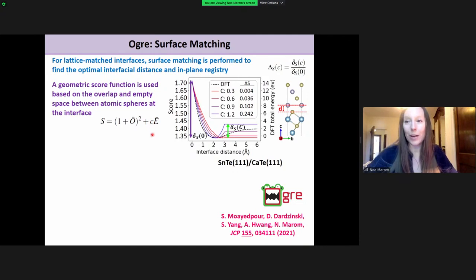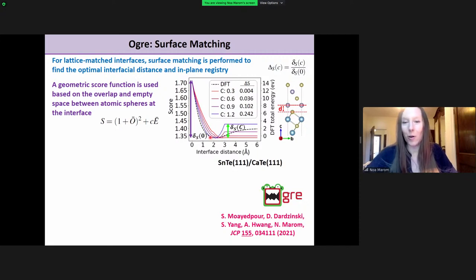So our experience has shown empirically that, let me start the story from here. Here you can see the z distance curves, and the dashed line here is the density functional theory reference.